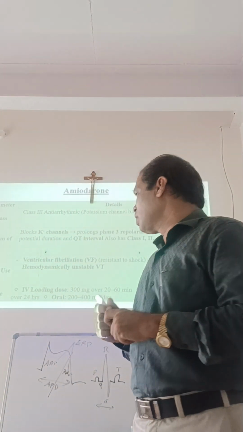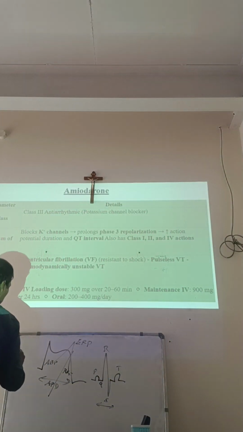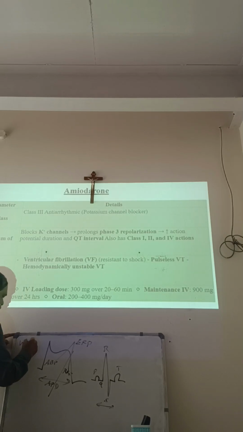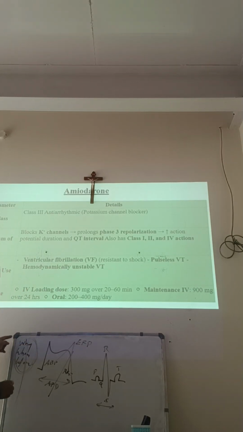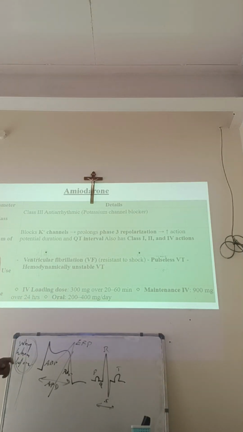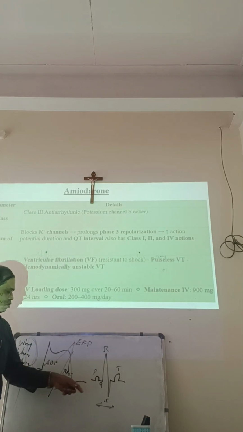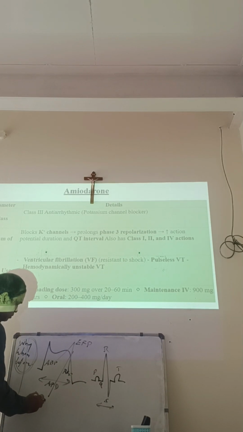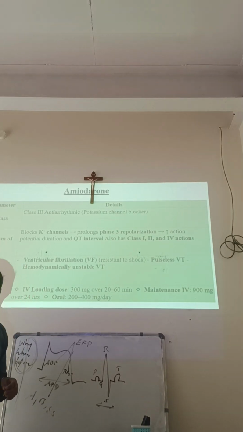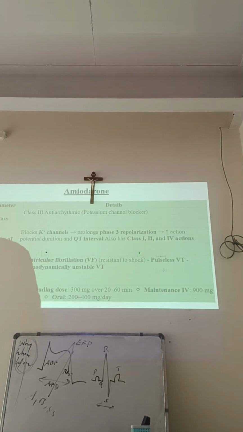Whatever you learn, if you don't ask why, what, how, you will not learn. Sir, I know the ECG, I know it starts from P, Q, R, S, T. Why not from A, B, C, D, or X, Y, Z, or 1, 2, 3, 4? Why do you start with P? No idea?